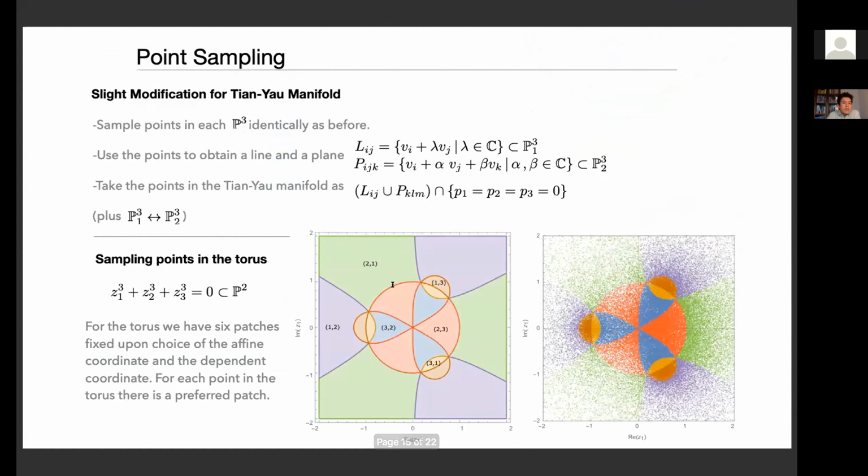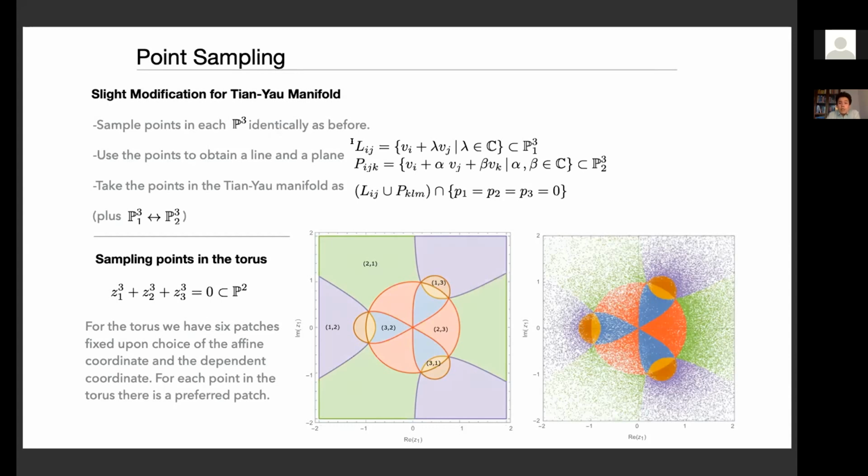There is a slight modification for the Tian-Yau manifold, because here we have 3 equations, and we have to ensure that whatever sampling technique we are employing is actually giving us some points in the manifold. So since this is a product of P3 times P3, we sample points identically as we did before in this unitary sphere.